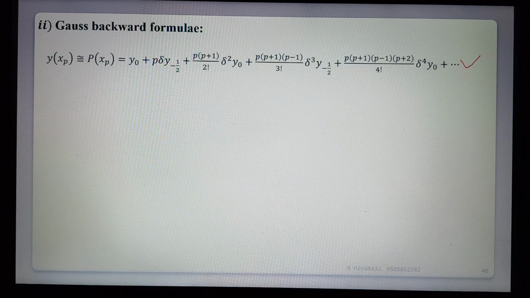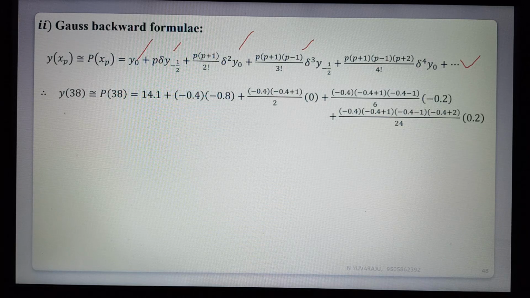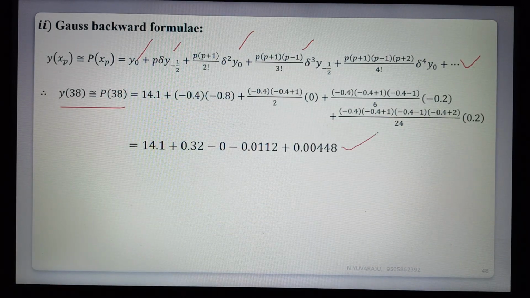Substituting all values here, y naught, delta y minus 1 by 2, and so on up to fourth order, and simplifying, y of 38 is equal to 14.4138. Observing here, using the forward formula and the backward formula, we get the same answer, no change.